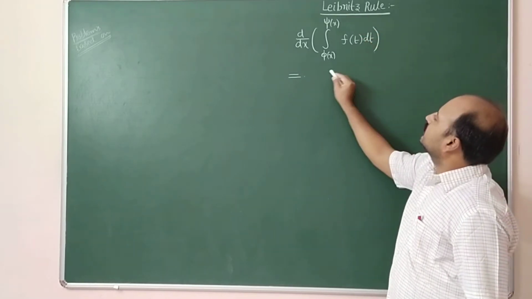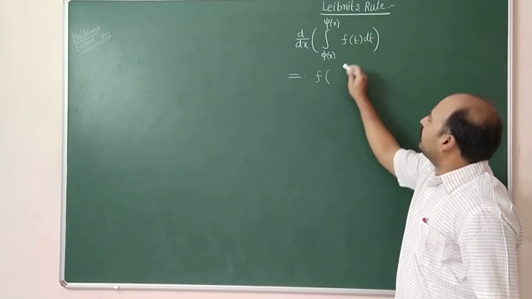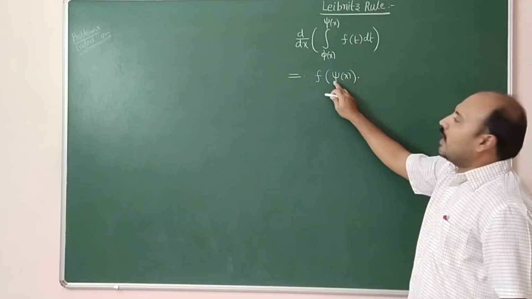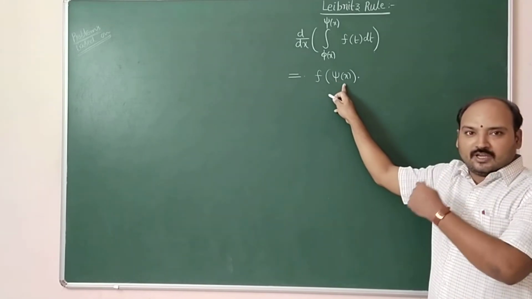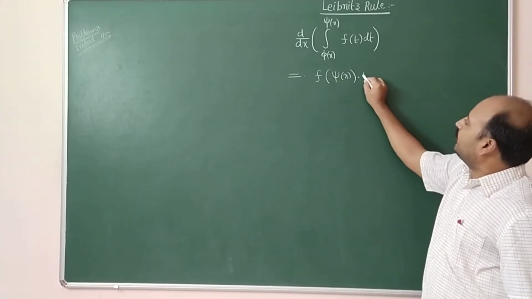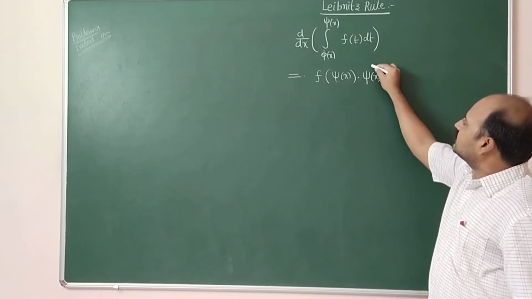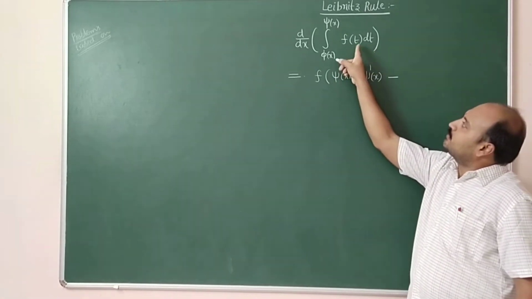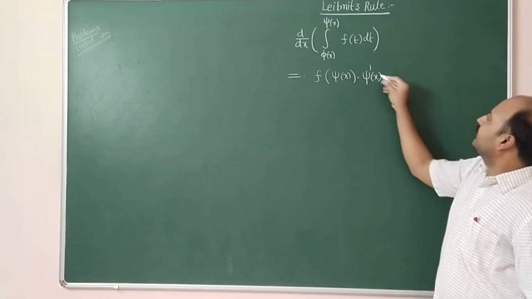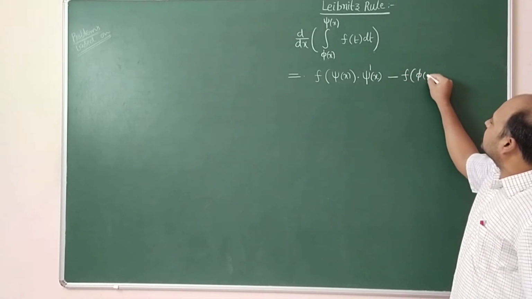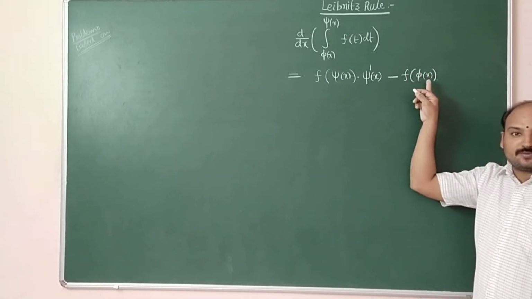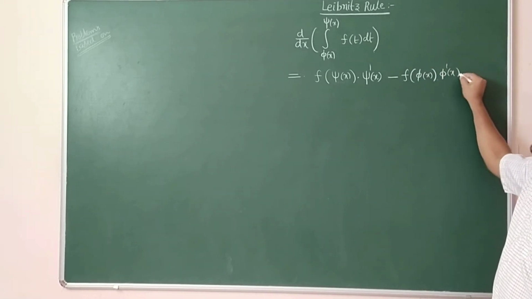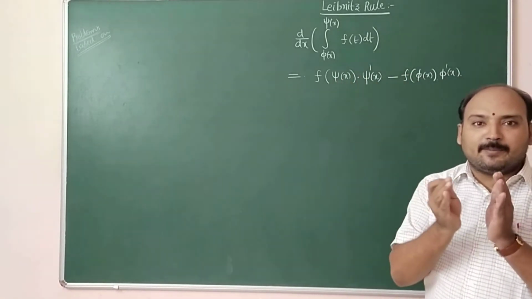So it becomes f of xi of x, times the derivative of that function, xi dash of x, minus, substituting the lower limit in place of t, f of phi of x, times the derivative of that function, phi dash of x. This formula is called the Leibniz rule.